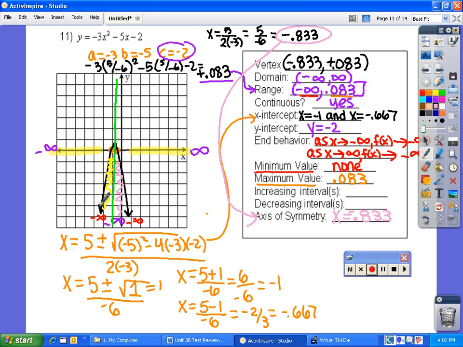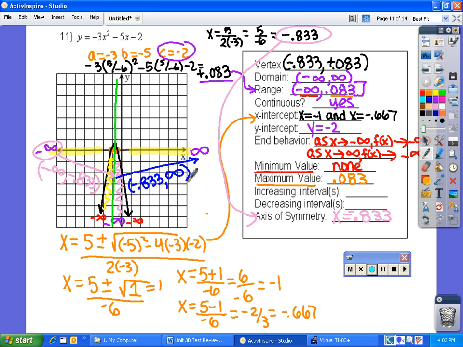And it starts here at negative infinity and goes all the way to my axis of symmetry. So that's from negative infinity to negative 0.833. Now on the right side of this, it starts here and then ends up at negative infinity. So that's negative 0.833 to infinity.